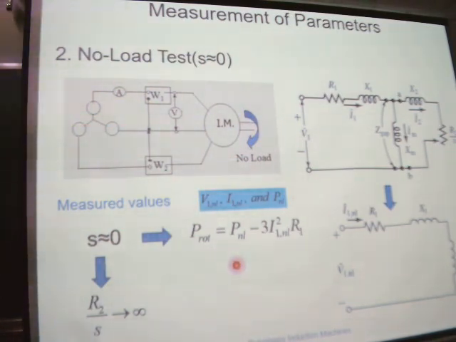So we can get the rotational losses using this equation. P no load, where NL is no load, the no load power, minus the stator losses, 3 R1 I1 squared.